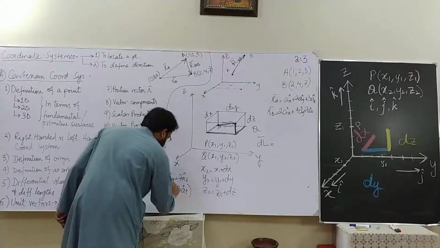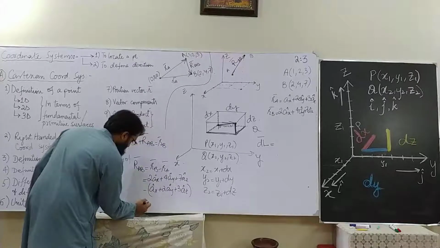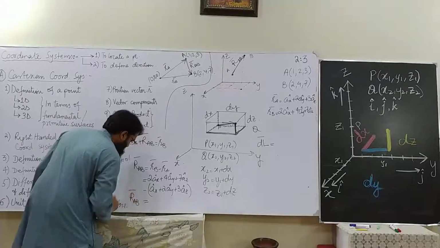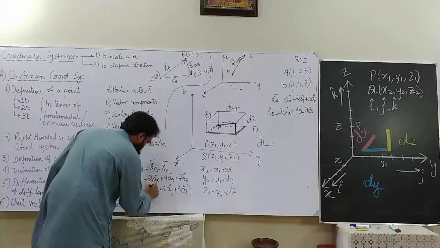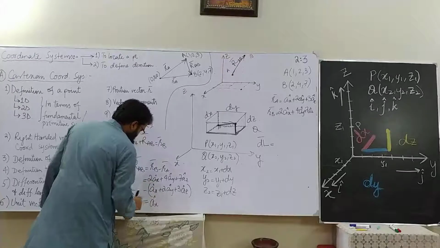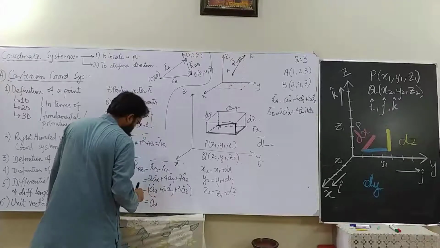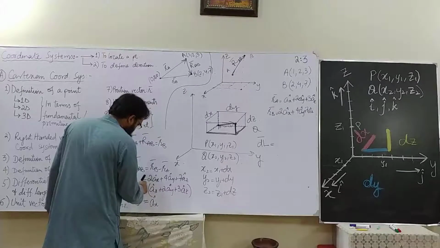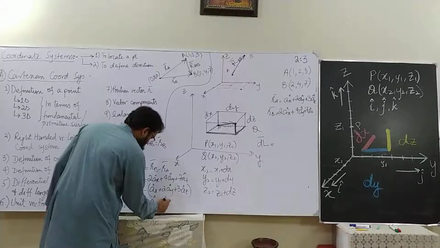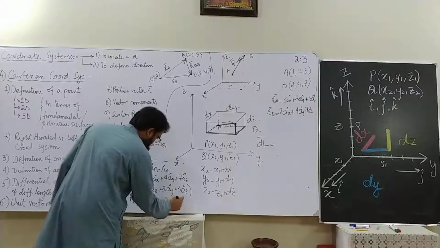Okay, so the vector that starts from A and terminates at B is just the difference of the respective components. So AX plus 2AY plus 4AZ.